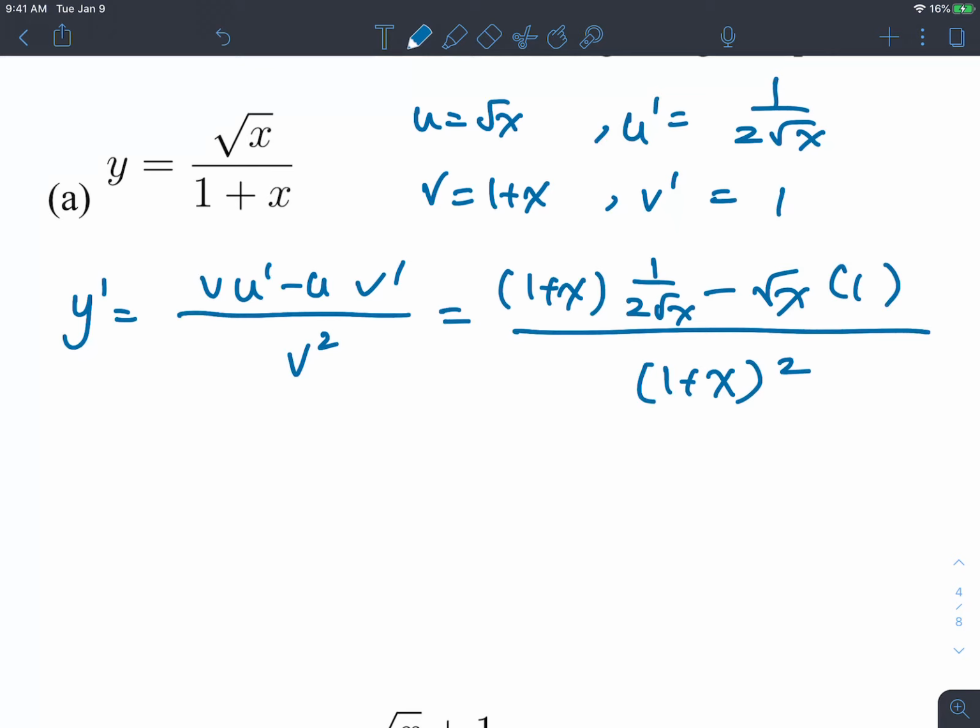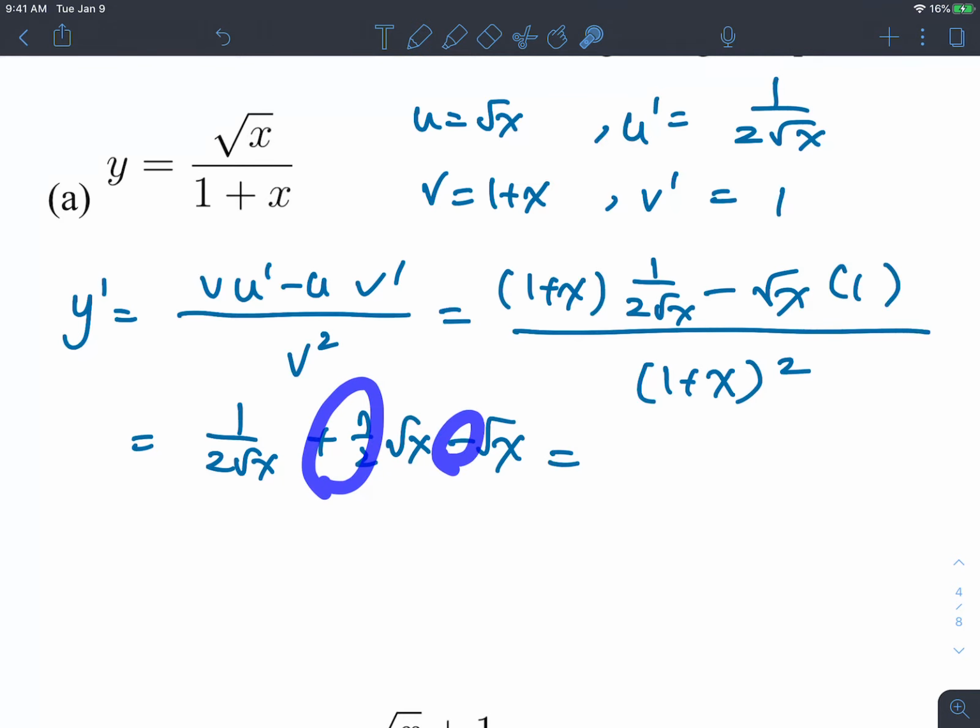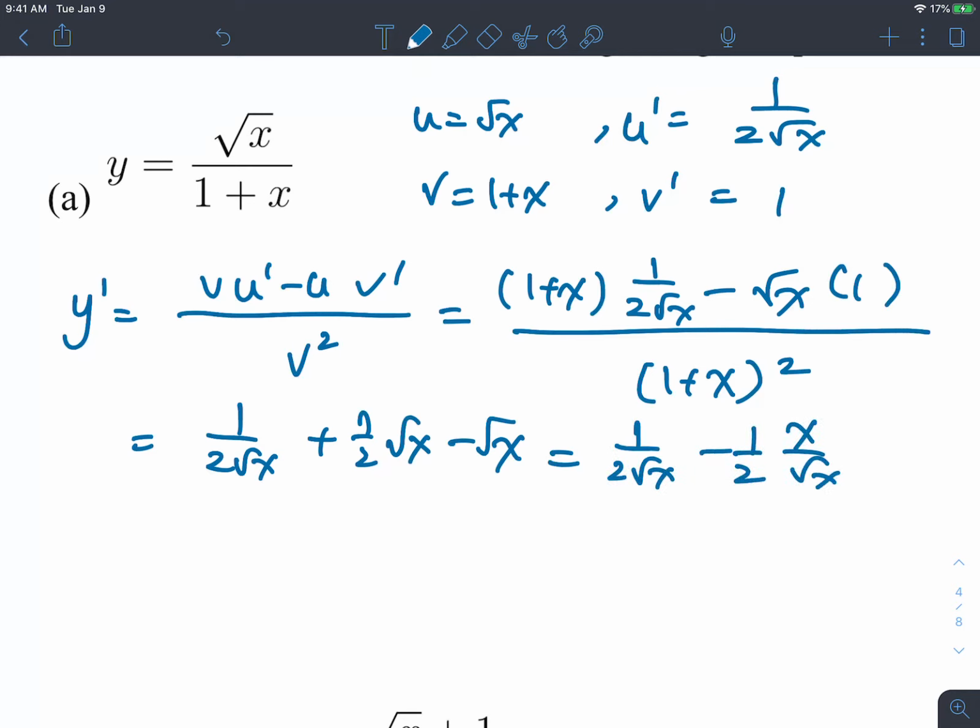Okay? So that right there is, let's see. Okay. So that's a positive half, negative 1, so that becomes, looks like this, right?